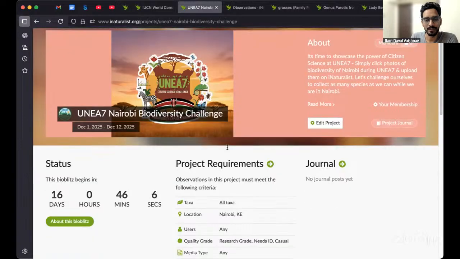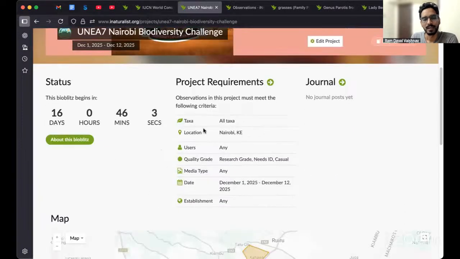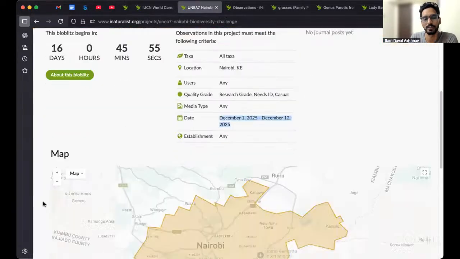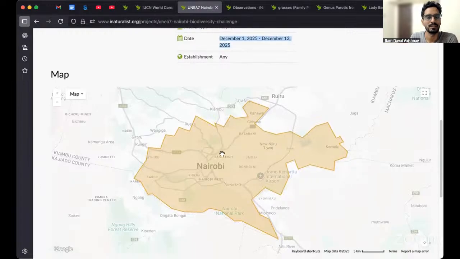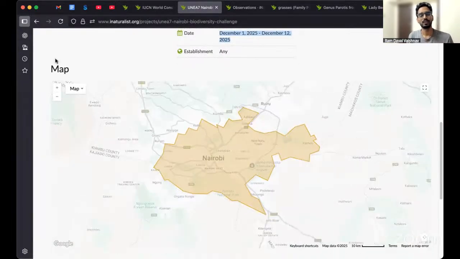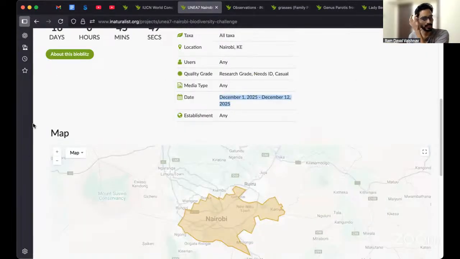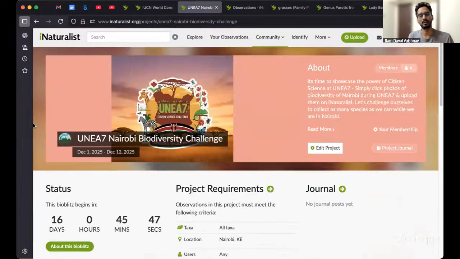In the location Nairobi, any observations contributed between December 1st and 12th will count for this project. This is what it's showing on the map. If you are in Nairobi, in Kenya, during this period and you upload any observations, they will be shown here.